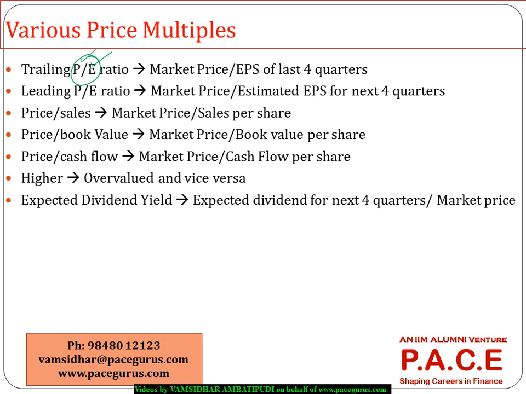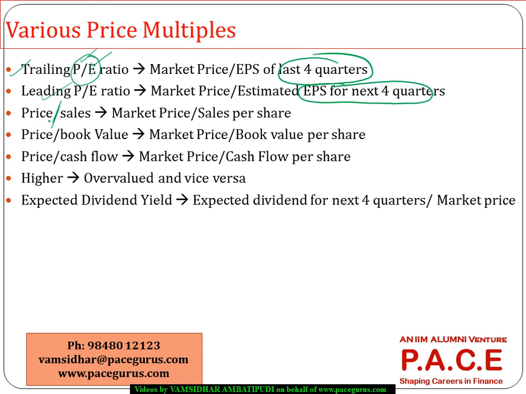If I am talking about the earnings of the last 4 quarters or last 1 year, we call it the trailing P by E. If I am taking the earnings per share for the next 4 quarters, we call it the leading P by E ratio.